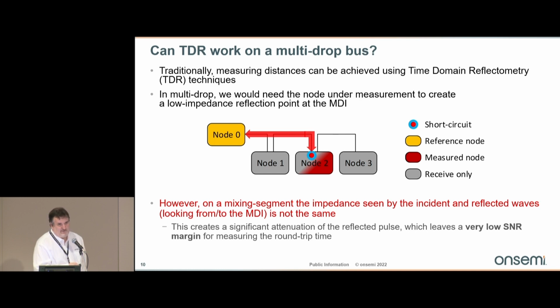But even if we do that, the real problem is that on a mixing segment where you do not have a continuous transmission, rather each node will transmit as needed, you have changes in impedance, and these are mainly due to transitioning between the transmit state and the receive state of each node. And when you do that, you get a significant attenuation of the reflected pulse that you may be sending, which means you have a lower SNR.